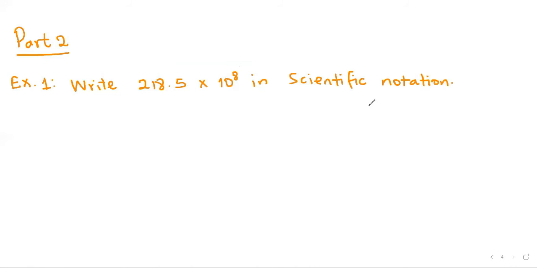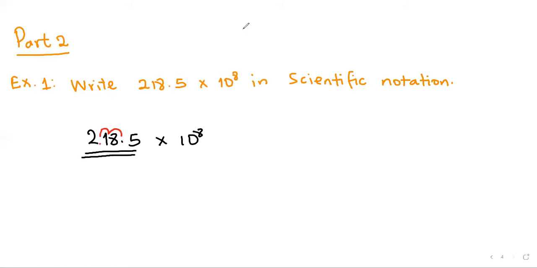Okay. So you can see that we are having 218.5 times 10 to the power of 8. So step 1, let's make this number less than 10, but more than or equal to 1. So simply we have to bring this decimal point up to here.